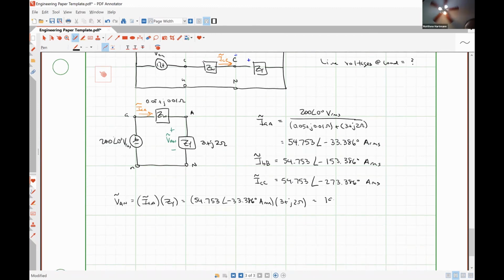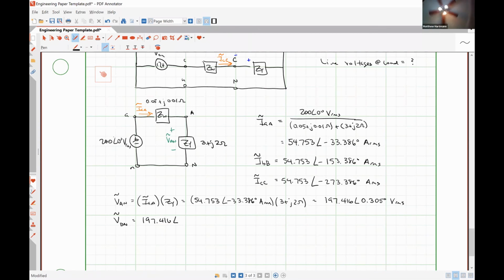I get 197.416 angle 0.305 degrees volts RMS.